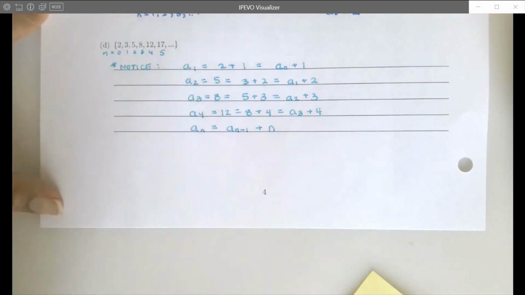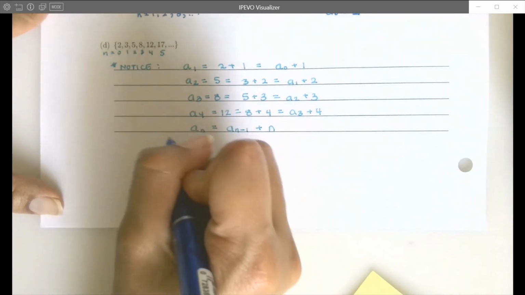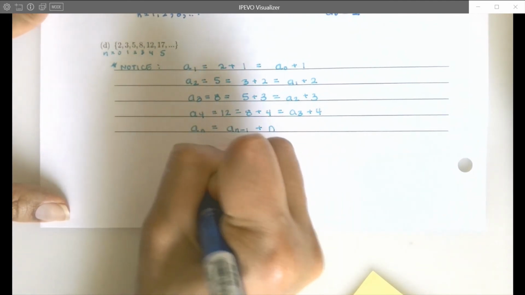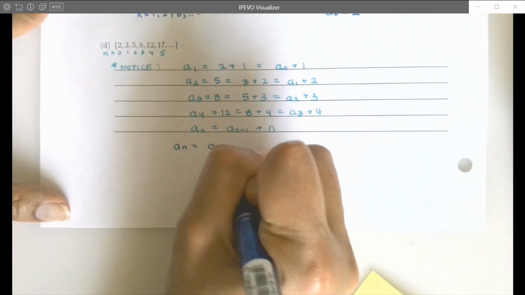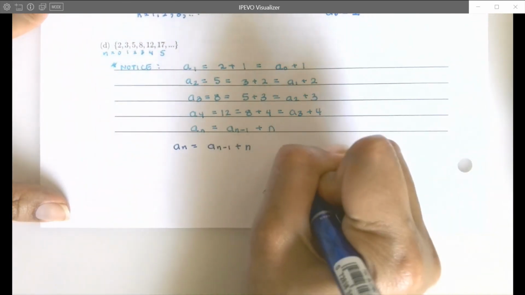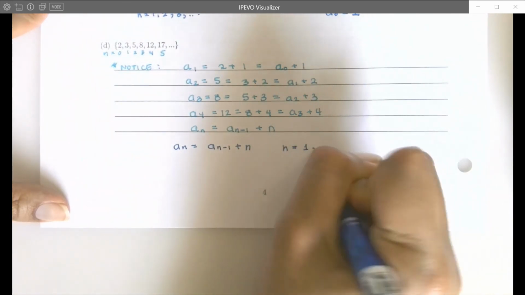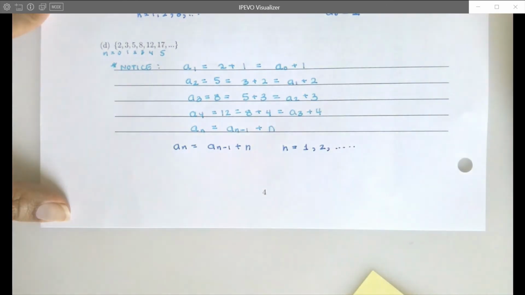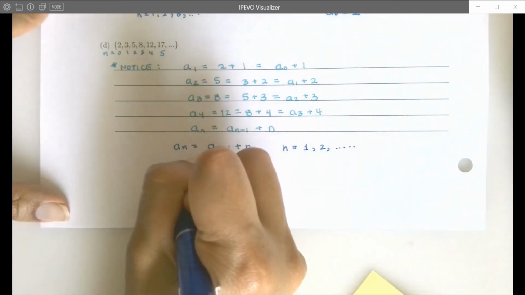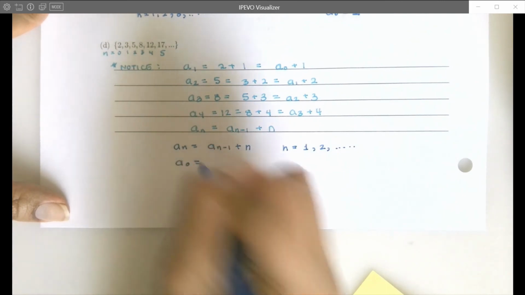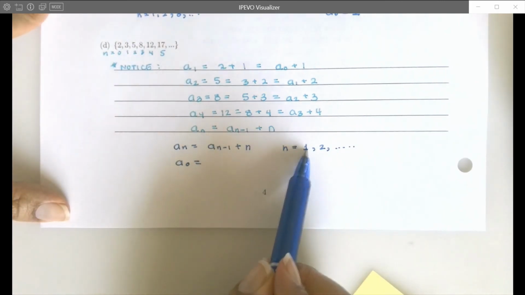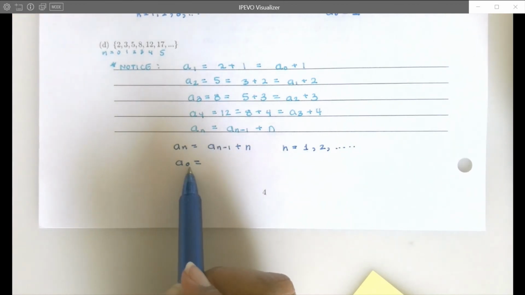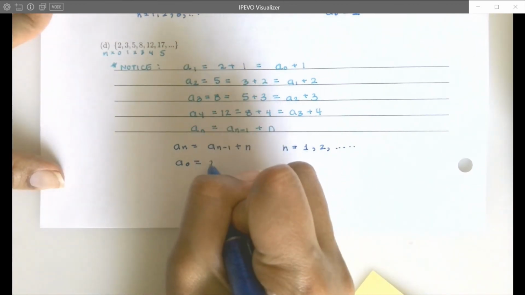So to finally write the formula for our sequence, we're going to define an is equal to an minus 1 plus n, starting with n is 1, 2, so on and so forth. And then we need to define a0 because remember, when we plug in the 1, we'll have an a0 here, which means we need to have an initial value, and that is 2.